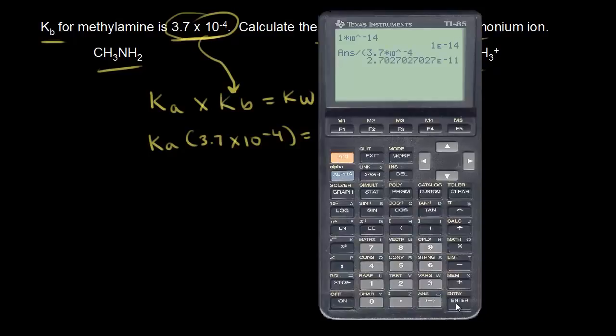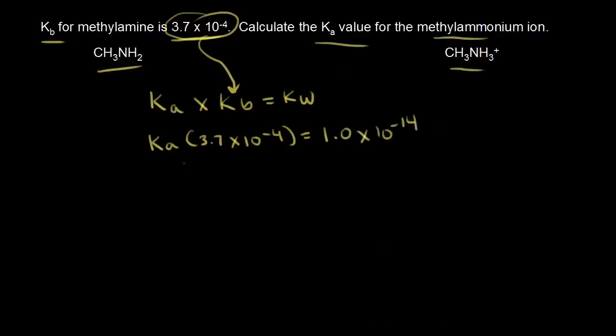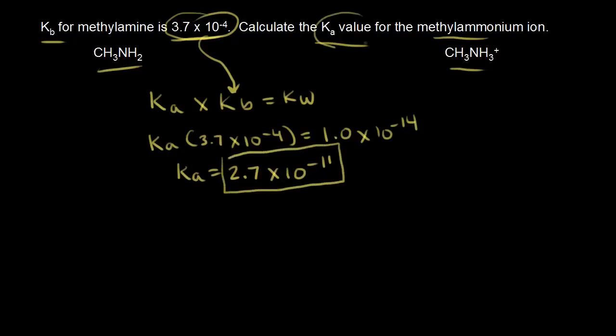And so Ka is equal to 2.7 times 10 to the negative 11. And so we're done. That's our answer. 2.7 times 10 to the negative 11 is the Ka value for the methyl ammonium ion.